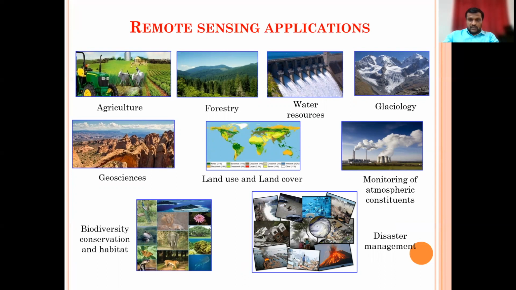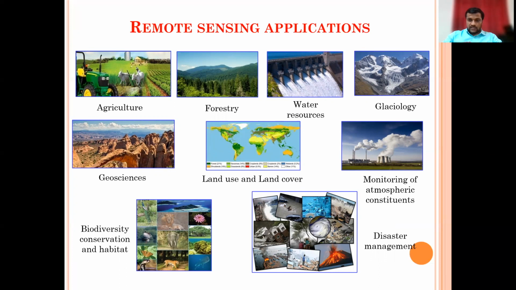And one of the very important applications of remote sensing is in disaster management. We can use remote sensing in disaster management, mitigation and planning strategies. For example, in case of flooding, forest fire or earthquake, we can use remote sensing applications.